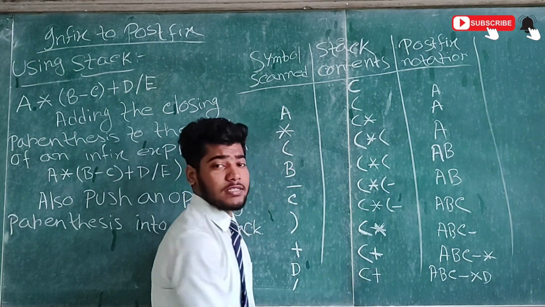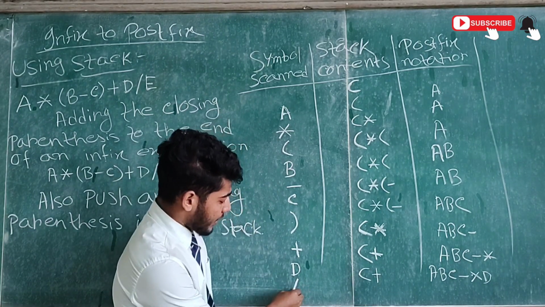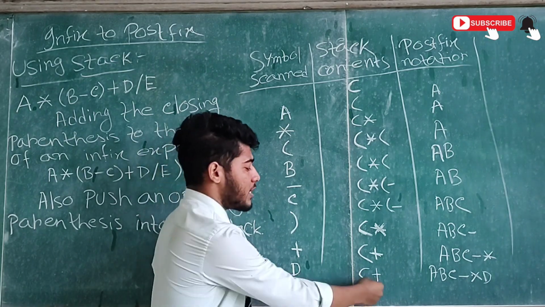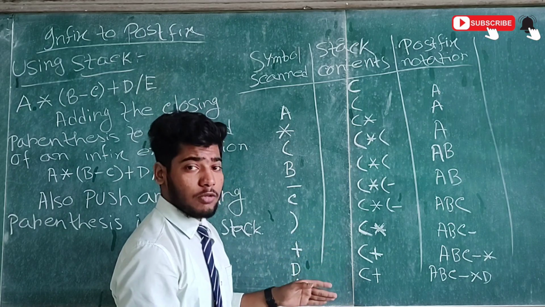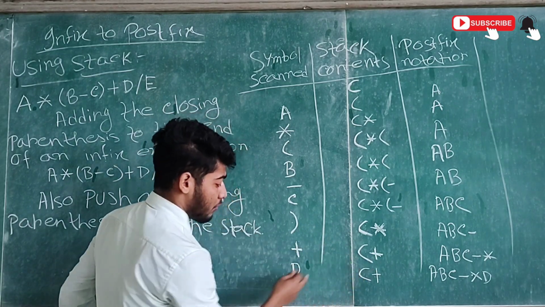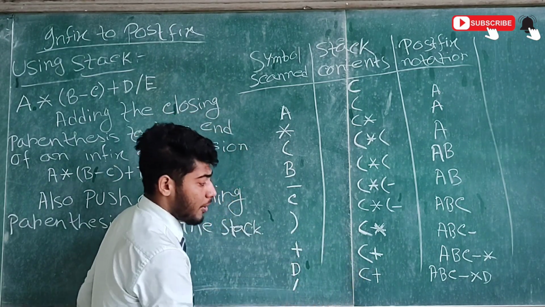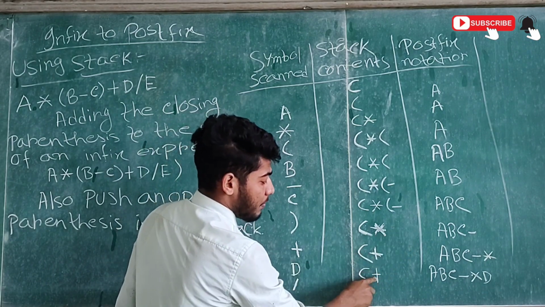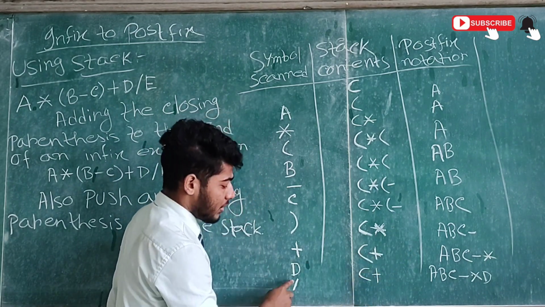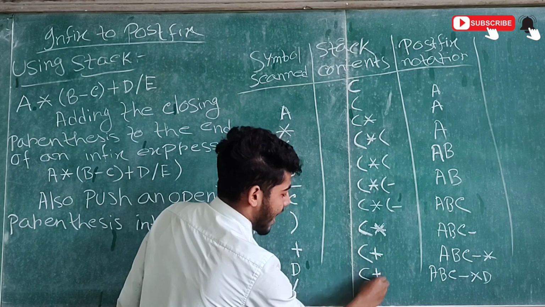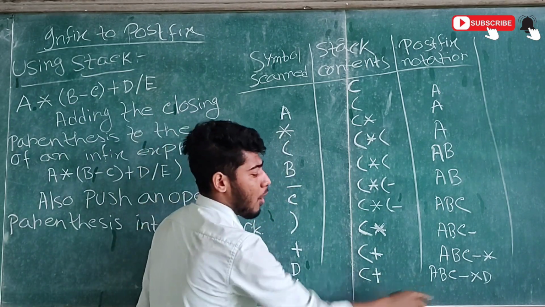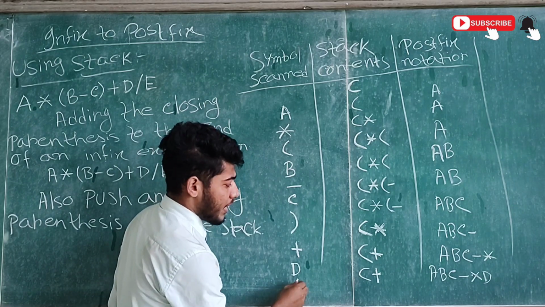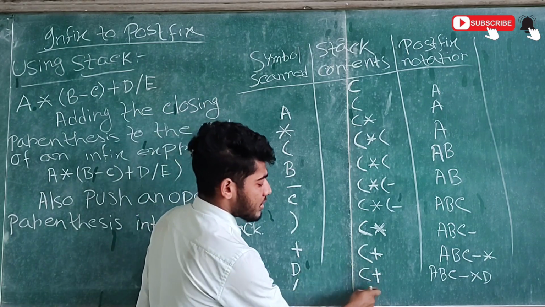The top operator is plus and the scanned operator is divide. If the precedence of the top operator is greater than or equal to that of the scanned operator, then repeatedly pop it. But whose precedence is higher, plus or divide? Divide has higher precedence, so plus will not be popped, and divide is directly added to the stack.